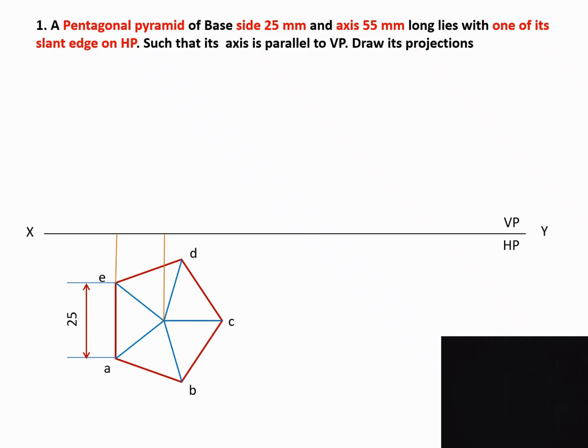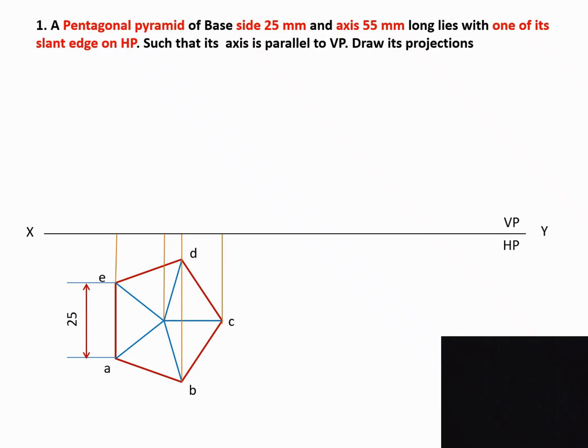So we have to mark all the points to the reference line, to the extension line. From these marked points we are going to draw a pentagonal pyramid. It looks like a triangle. This is the pentagonal pyramid, it looks like a triangle.